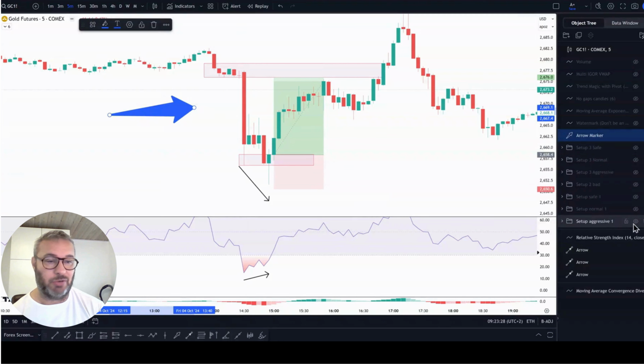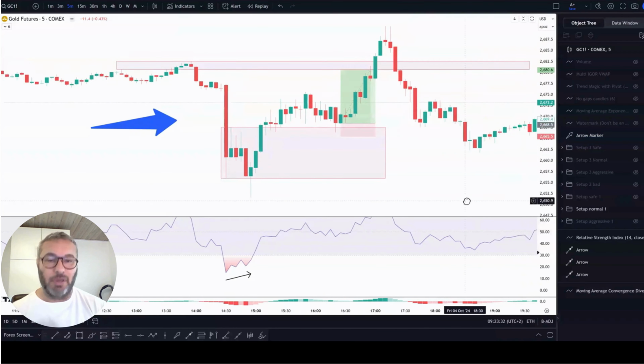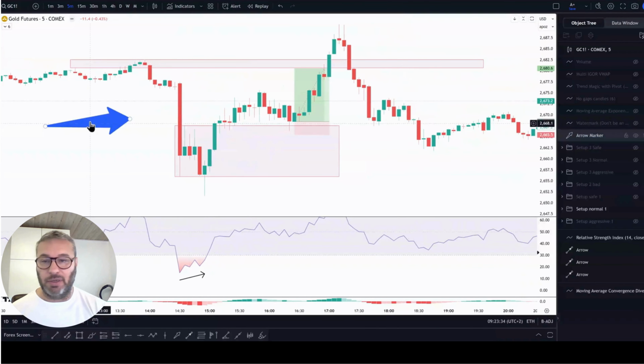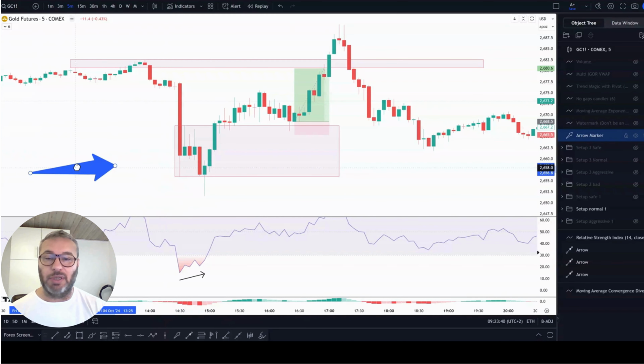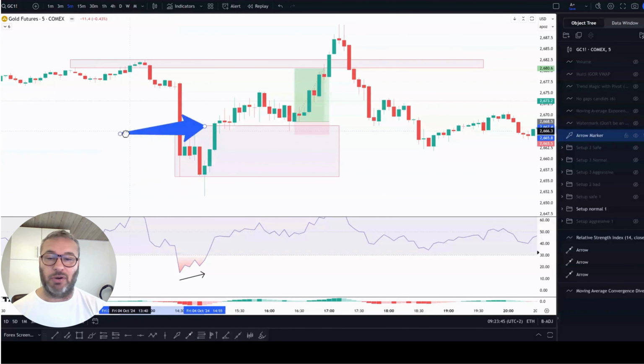So let's try the normal setup and see how that looks like. Again, I have my alert and I see it starts to make bullish divergence. But here I am making a box that covers all this area here. This here is a volume area, it's a range area.